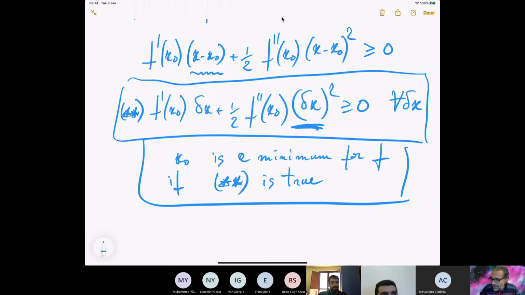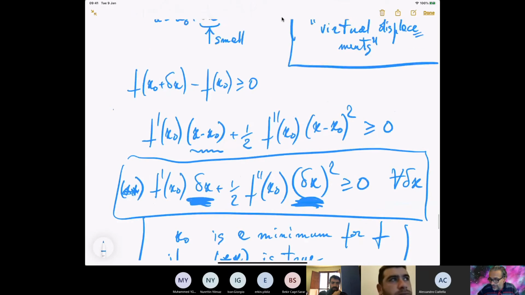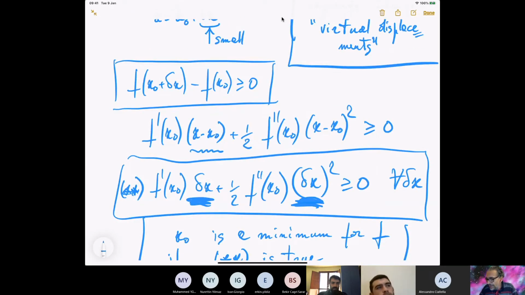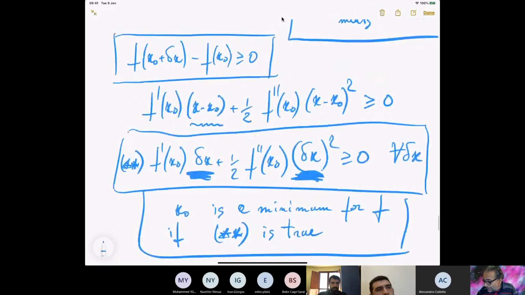This inequality has to be verified, and this inequality has to be verified for every delta x. I mean, this is nothing other than stating this inequality, which is the condition of x0 is minimal, and the Taylor expansion.